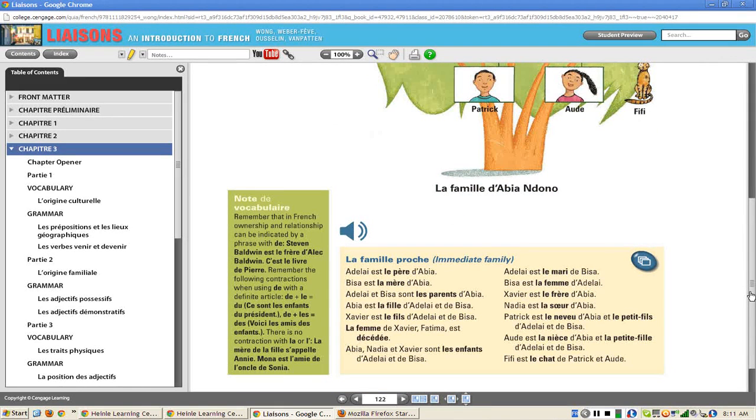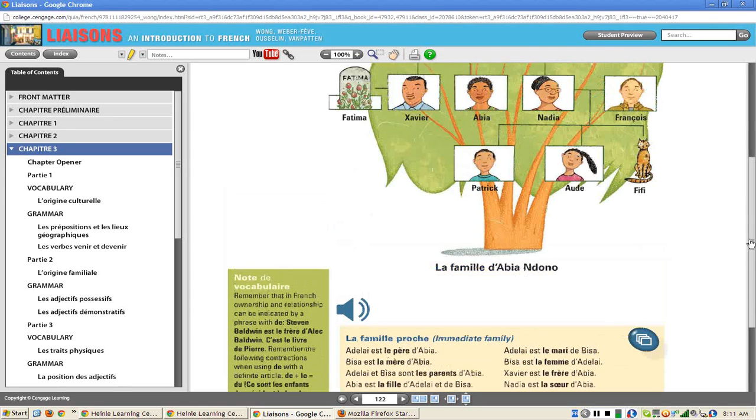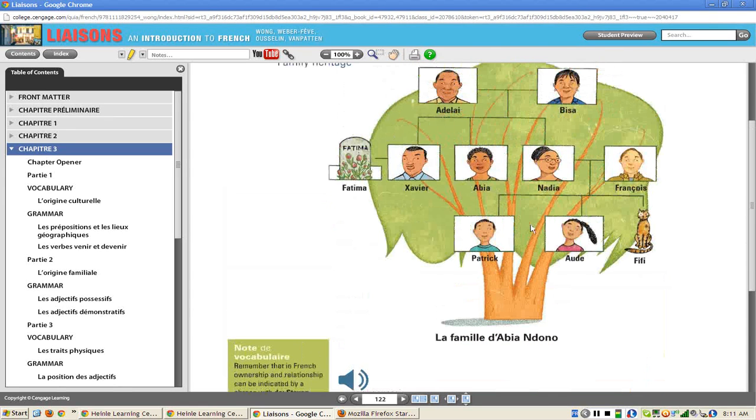In French it's one step above is les grands-parents, and then one step below, les parents, is les petits enfants. The word for petits enfants, to be more specific, if you're talking about the son of François, you would say le fils. To talk about the grandson, le petit-fils.